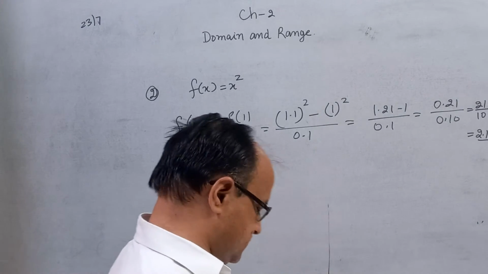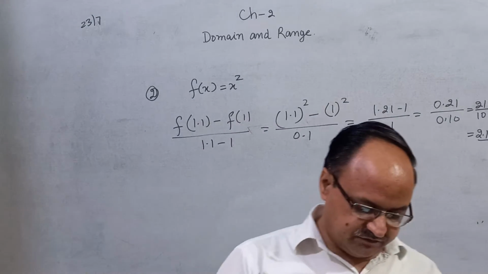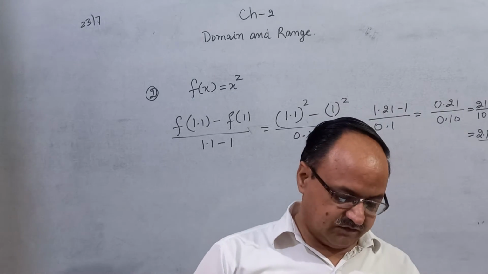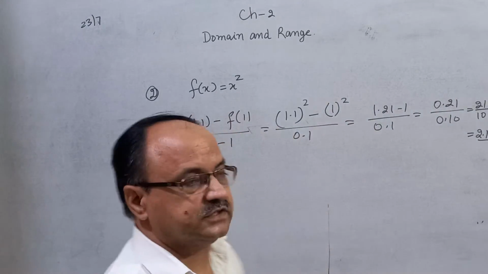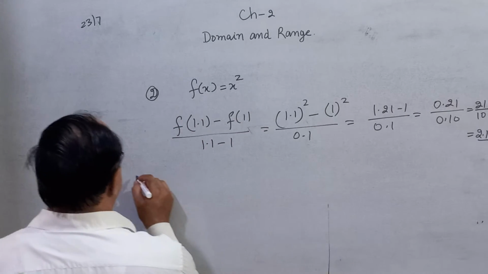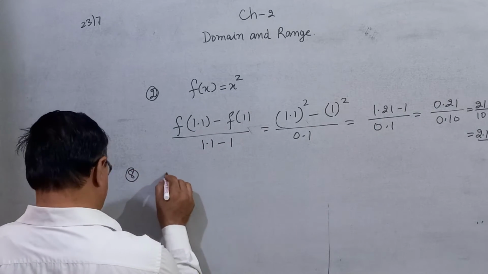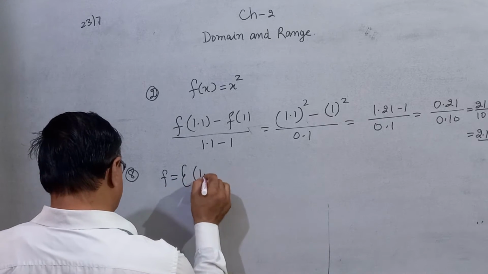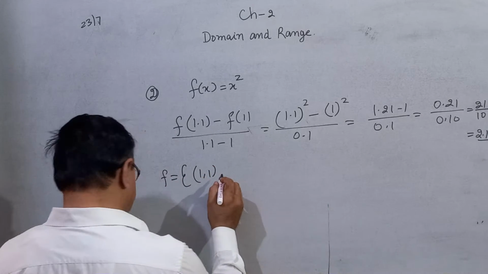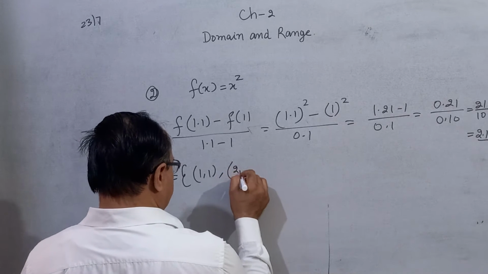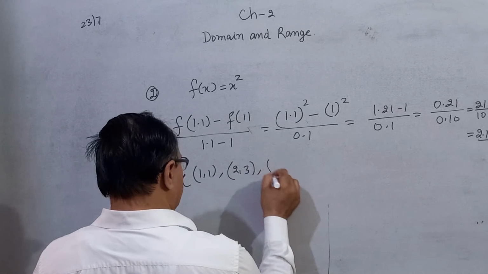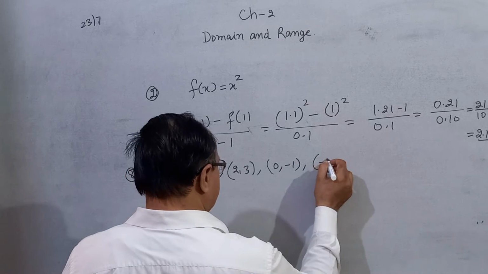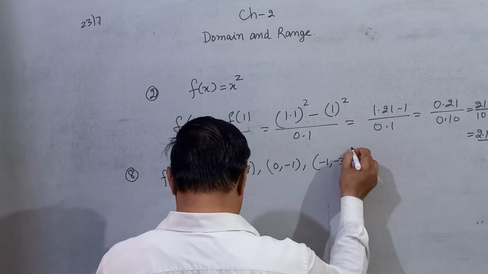Question number 3, 4, 5 and 6 we already discussed, correct? Now we solve question number 8, a very important question. The function is given: image of 1 is 1, image of 2 is 3, image of 0 is minus 1, and image of minus 1 is minus 3.